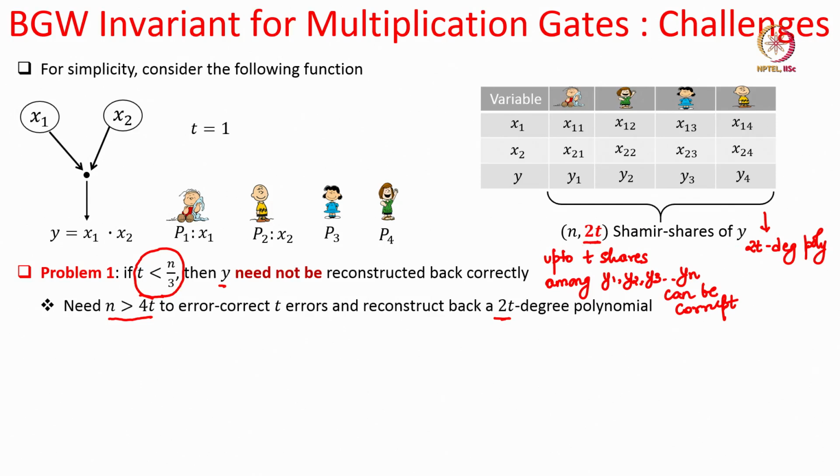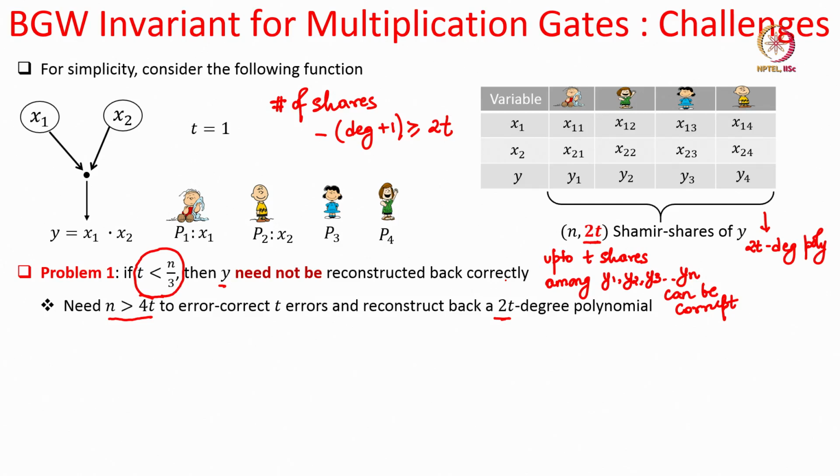Because the coding theory bound says that the number of shares minus the degree of the polynomial plus 1 should be greater than or equal to 2 times the number of errors which we want to error correct.